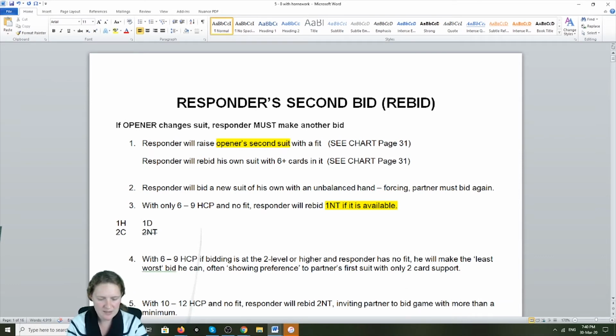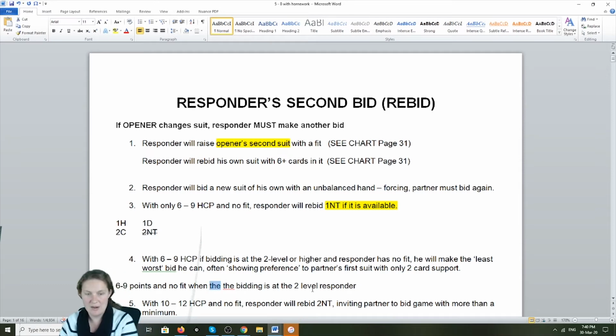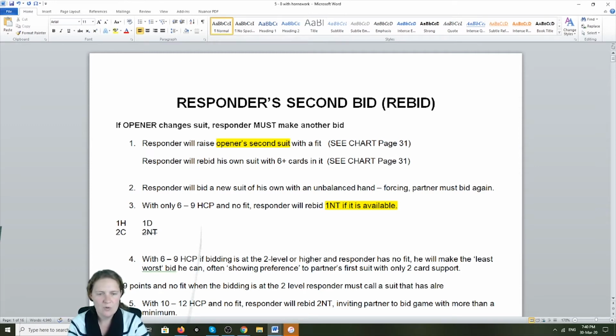And this is, this little piece of gold: with 6 to 9 points and no fit, when the bidding is at the 2 level, responder must call a suit that has already been bid. So don't bid no trumps, don't bid a new suit. Responder must call a suit that has already been bid.